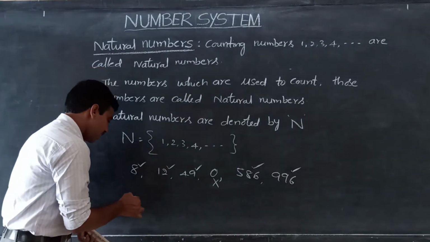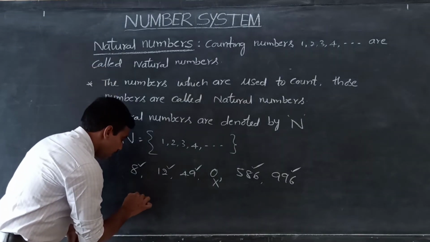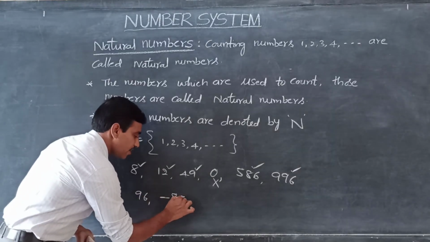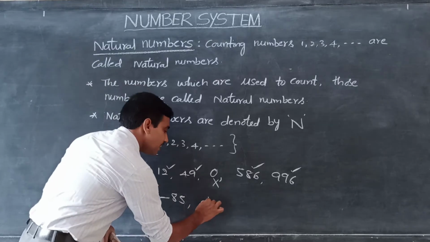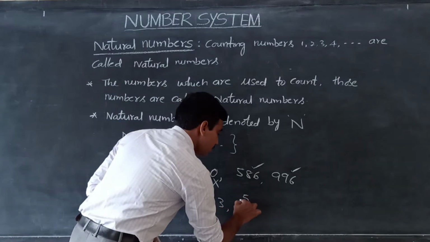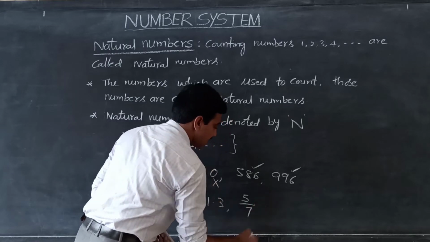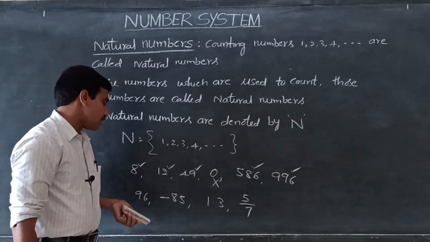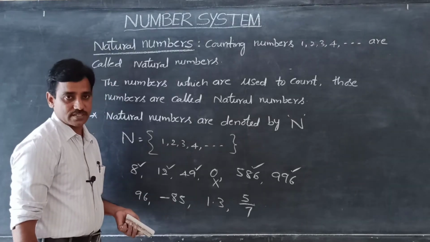Then now I will take here 96, minus 85, next 1.3, next 5 by 7, like that. From these numbers, which are natural numbers?